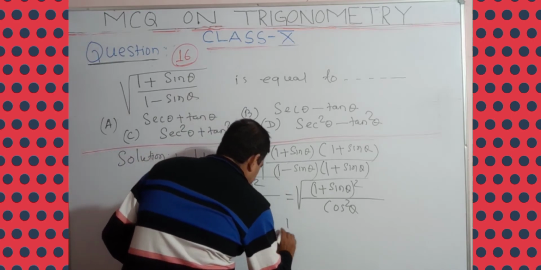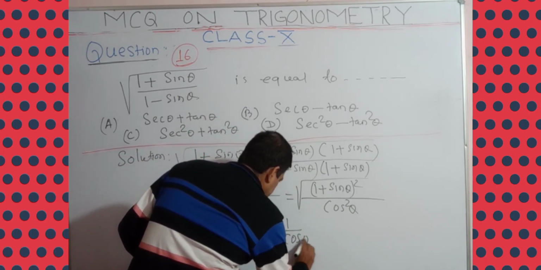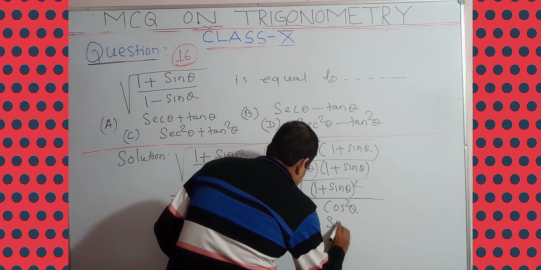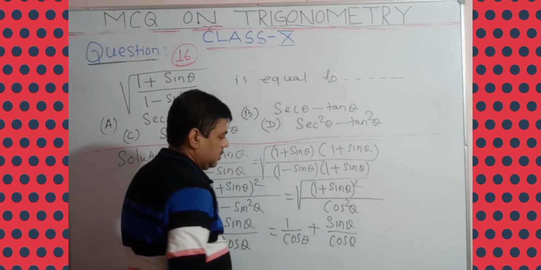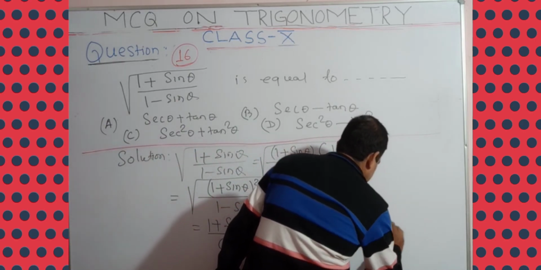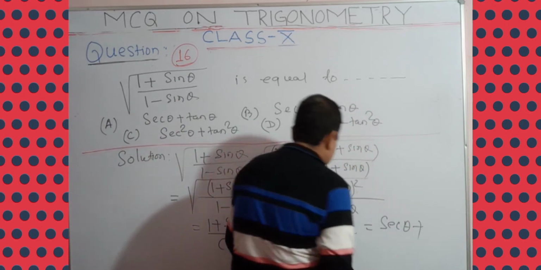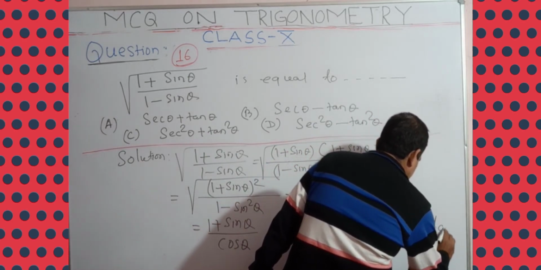That will be 1 upon cos theta plus sin theta upon cos theta. And you know 1 upon cos theta is sec theta, and sin theta upon cos theta is tan theta.